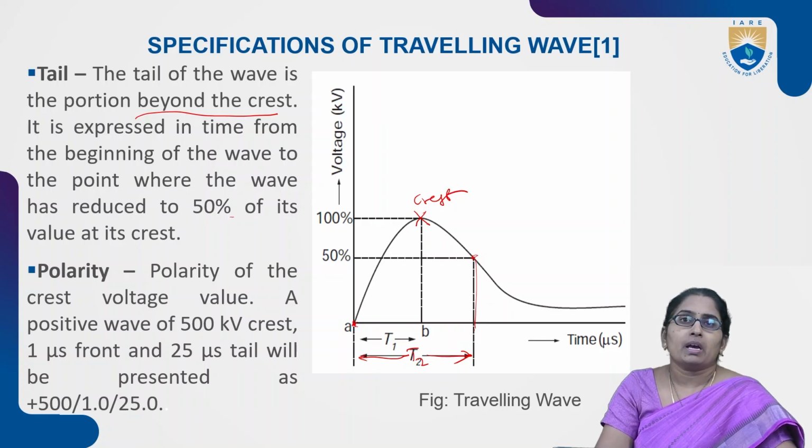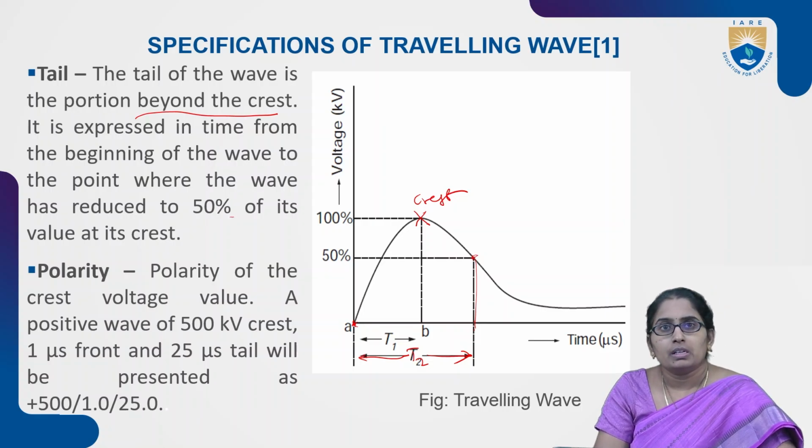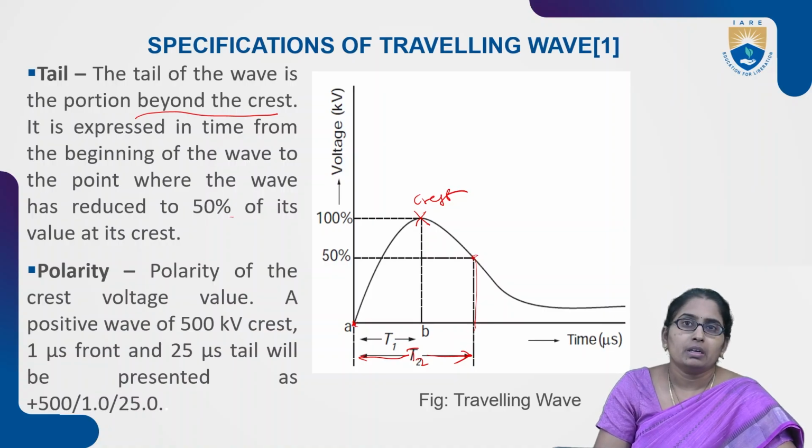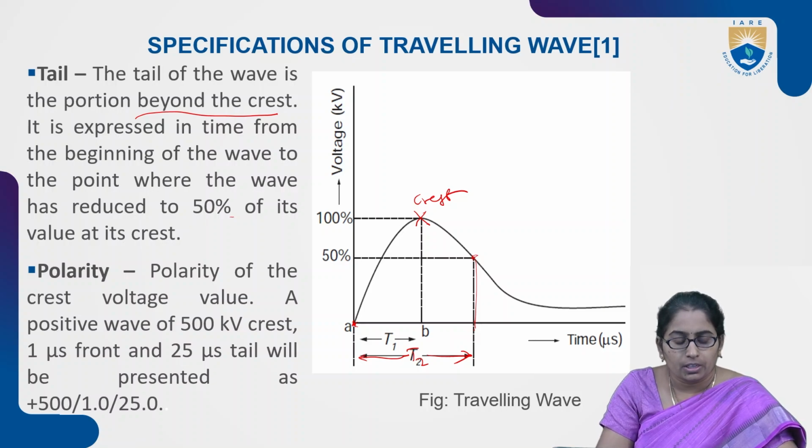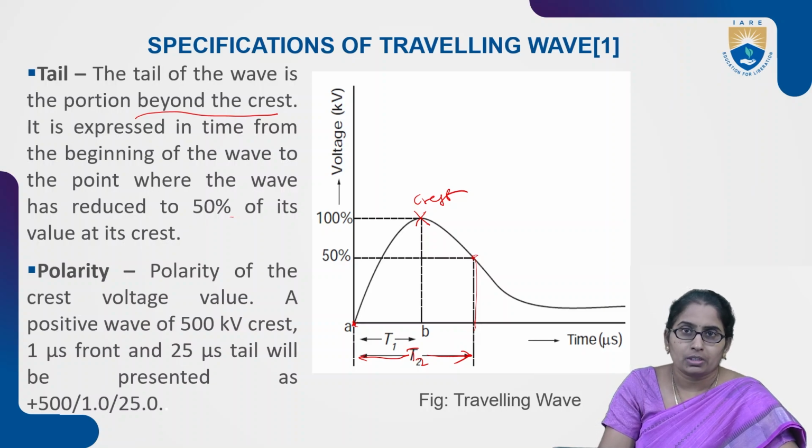Now the last one, polarity. Polarity is nothing but the polarity of the crest voltage or current value. It gives a polarity, either positive or negative.